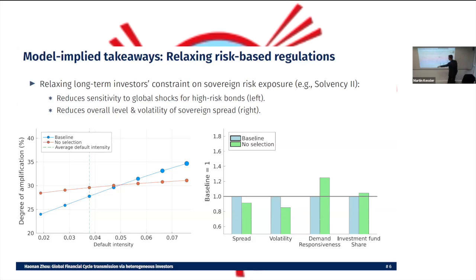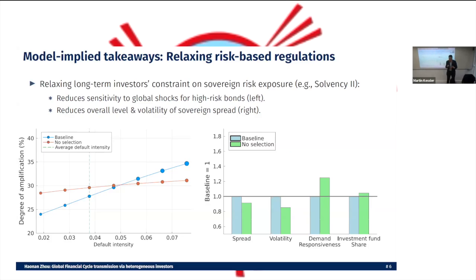If you look at the left-hand side charts here, the baseline calibration is the blue dots. The size of the dot corresponds to the sensitivity of bond yield to an outflow from investment funds. If you think of the left-hand side dots as countries with relatively low default intensity like China, and the right-hand side dots as countries like Argentina, you see very similar patterns to what I showed you earlier using the scatter plot.